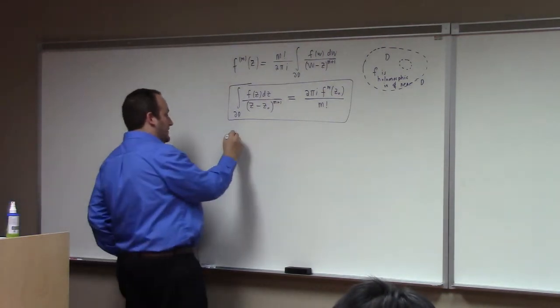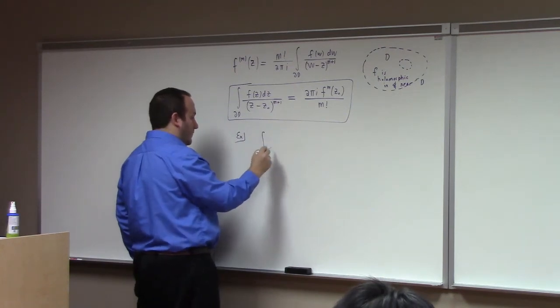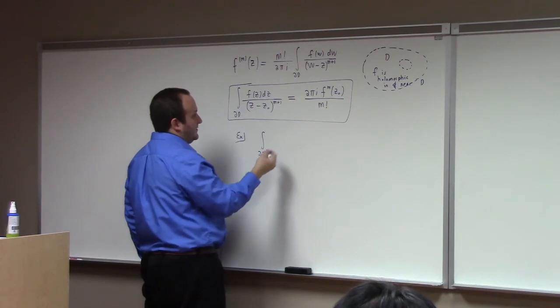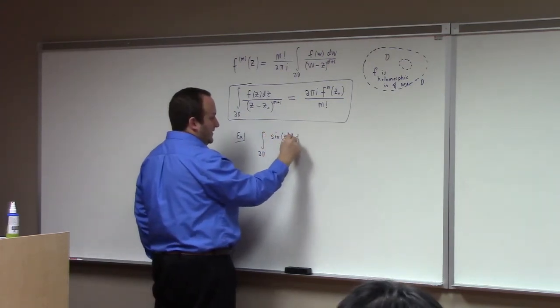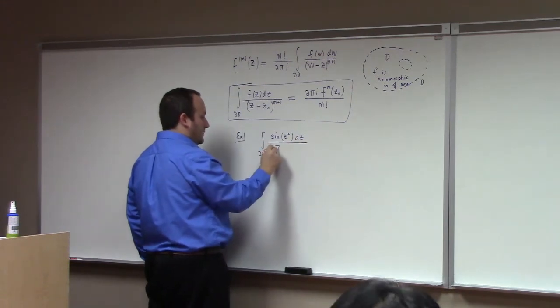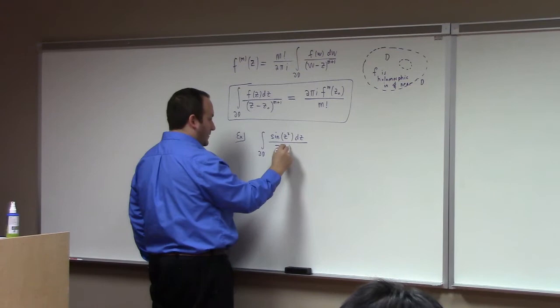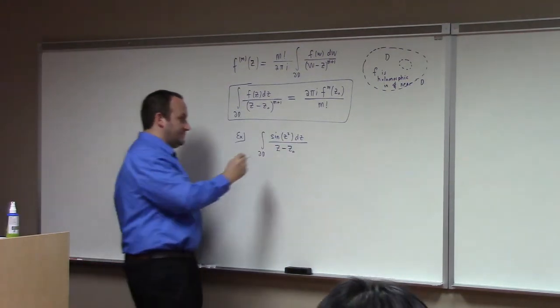So, for an example, if I have the integral over the boundary of D, where D is about to be pictured, I haven't pictured it yet, let's say sine of z squared dz over z minus z naught squared.